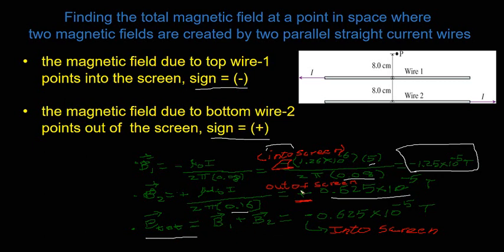That would mean including the signs, you add them both, and this is your total field. And that's what the question is asking. So this is how you would be using the formula for the field around a straight wire and calculating the total field because of more than one current carrying wire.